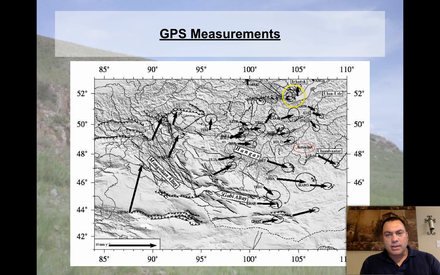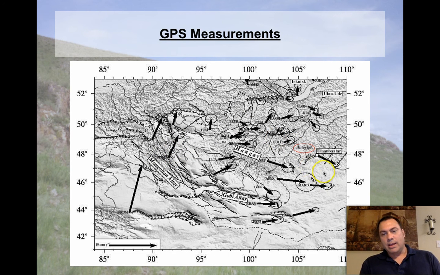When we look at this, we recognize very rapidly that the areas off to the west have a very large northeasterly vector pushing up towards the Angara promontory, which is located right up over here. As we move from west to east, we notice that the trajectory of these arrows goes from more northerly to more easterly.